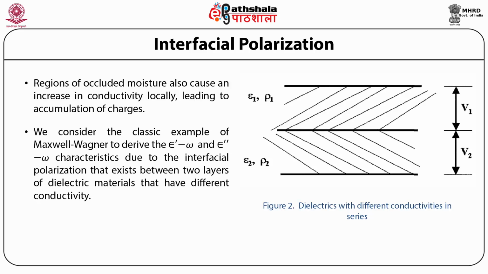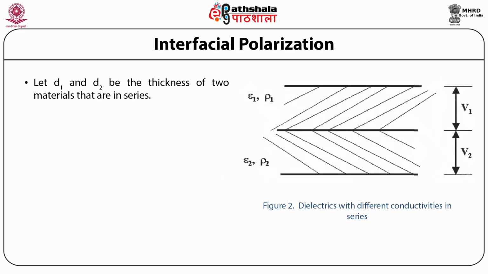We consider the classic example of Maxwell-Wagner to derive the epsilon prime versus omega and epsilon double prime versus omega characteristics due to the interfacial polarization that exists between two layers of dielectric materials that have different conductivity. Let d1 and d2 be the thickness of two materials that are in series.